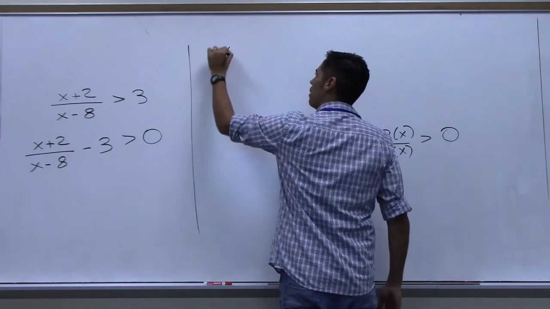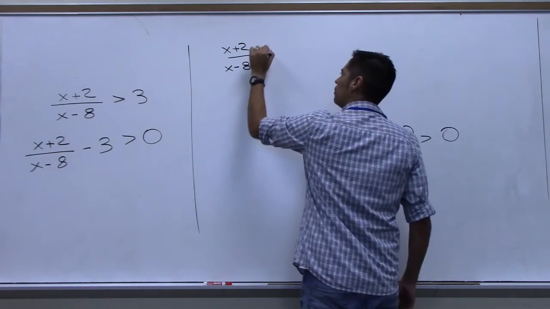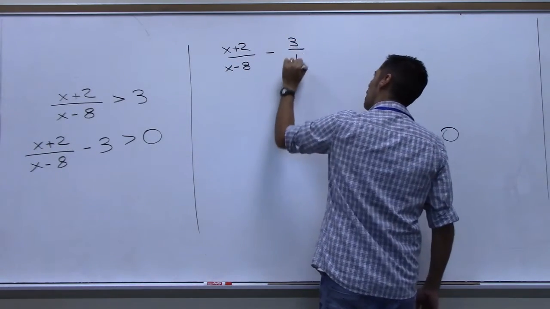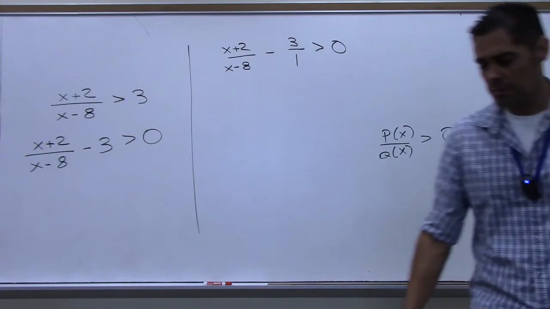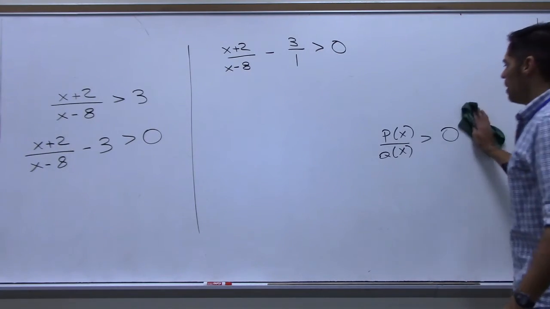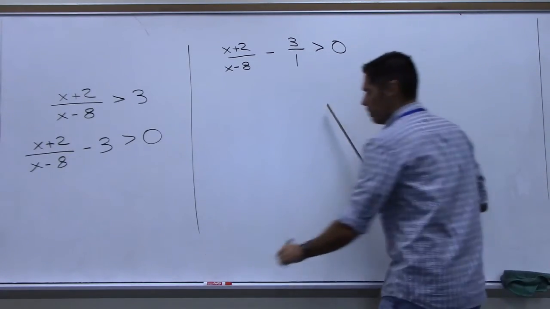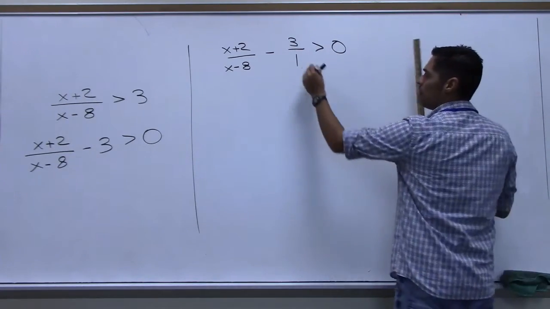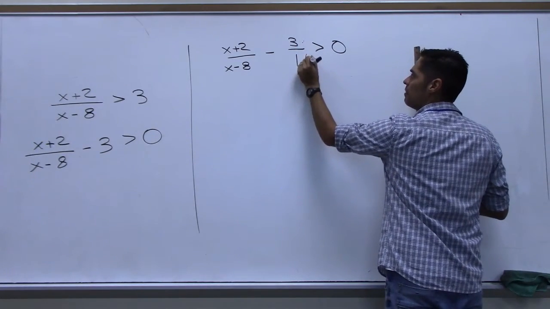So I'm going to rewrite the 3 as 3 over 1. And then what is the common denominator I'm going to use? X minus 8? Hold on. Let me get my marker. I'm going to multiply the top and bottom by x minus 8.